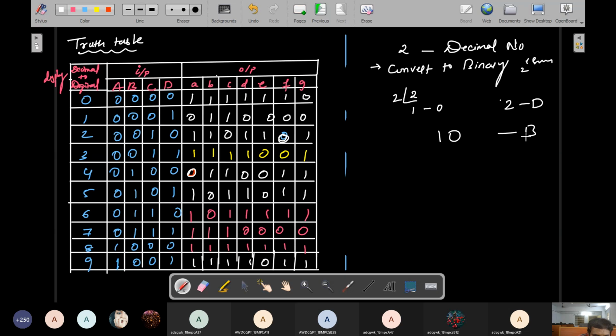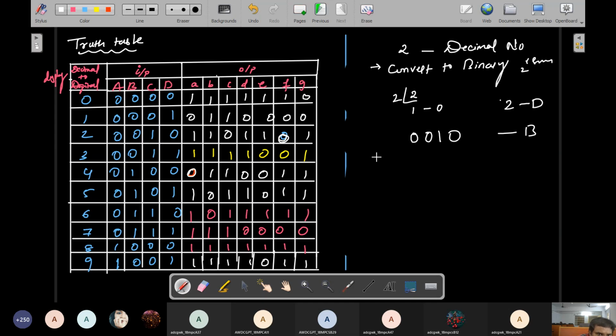Actually decimal 2 is binary 1 0, but here we are using 4 inputs, so in front you will write 2 zeros. This is the value for two.